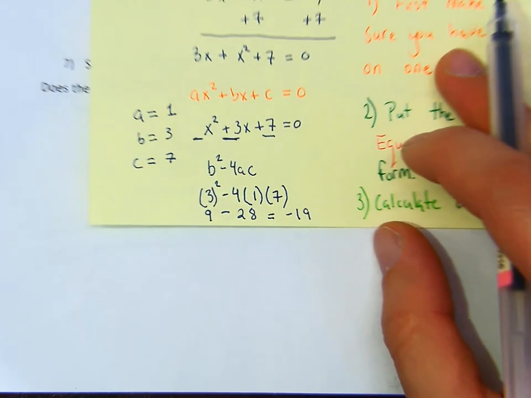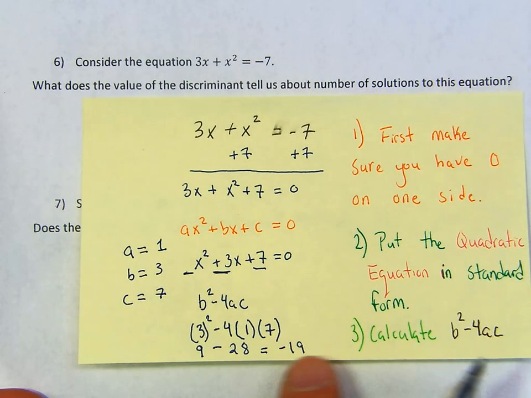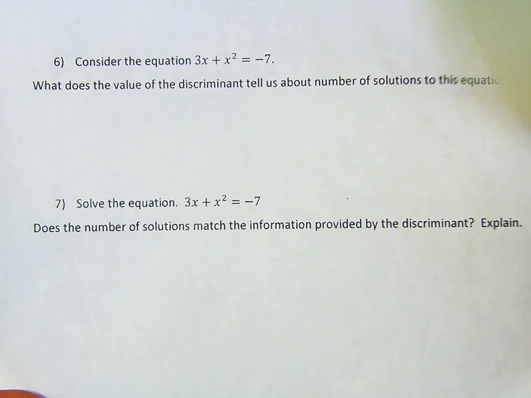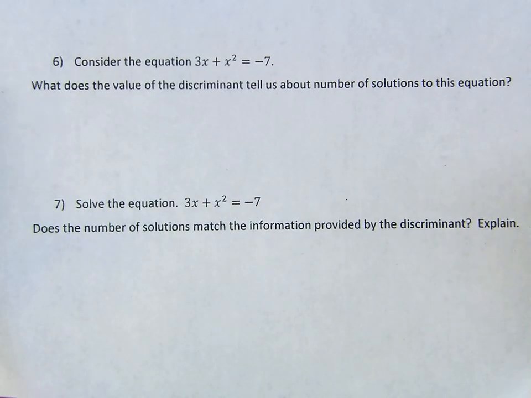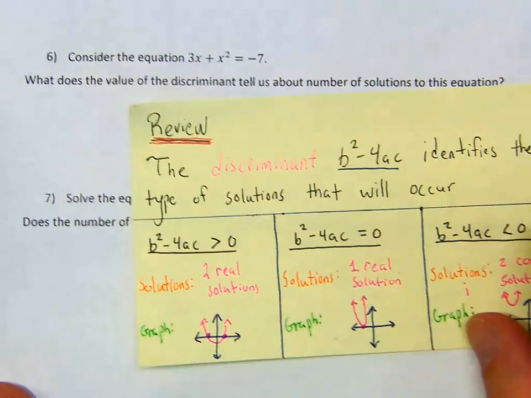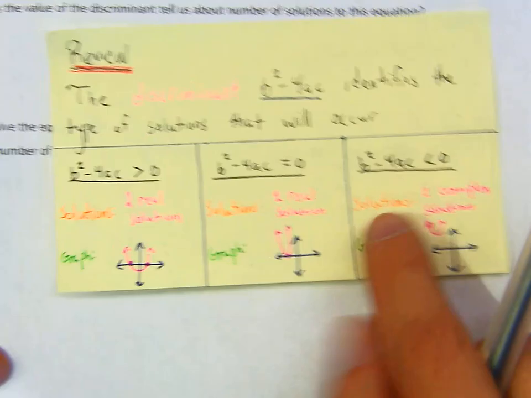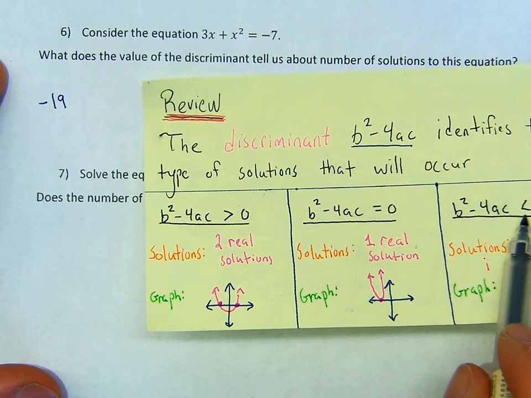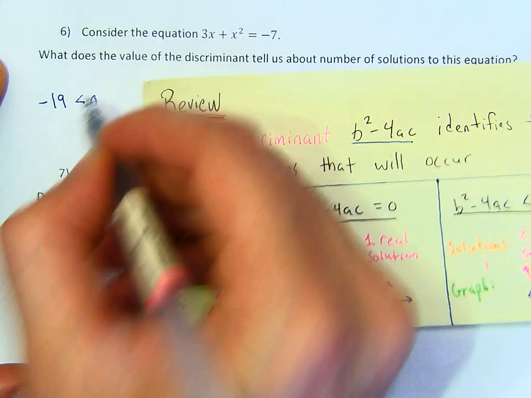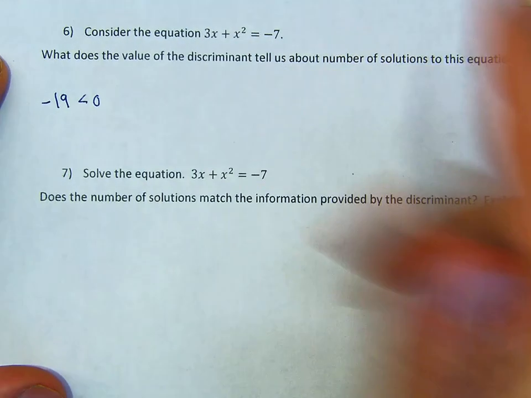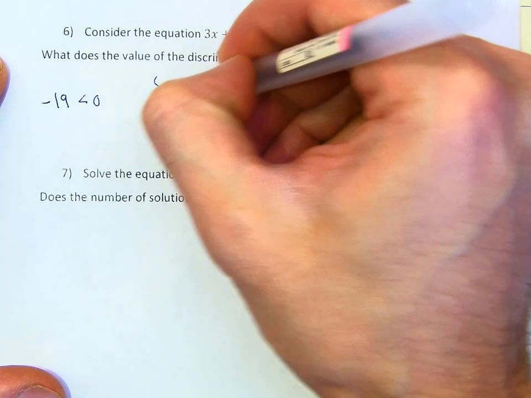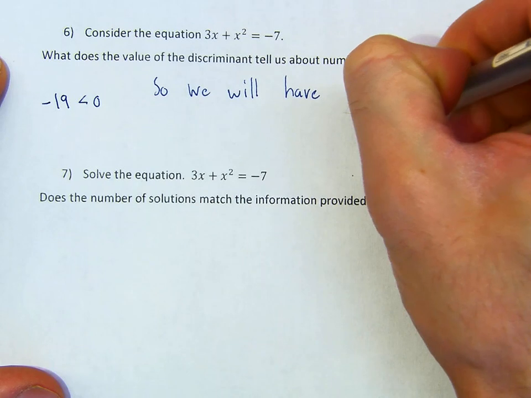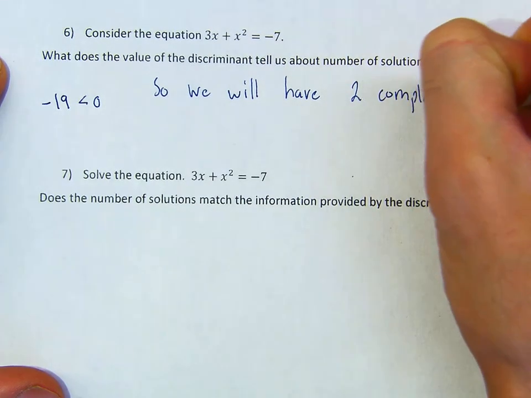Now, the question is, what does this negative 19 tell us about the solutions to this equation? Looking back, notice our discriminant is negative 19, and negative 19 is less than 0. So we will have two complex solutions.